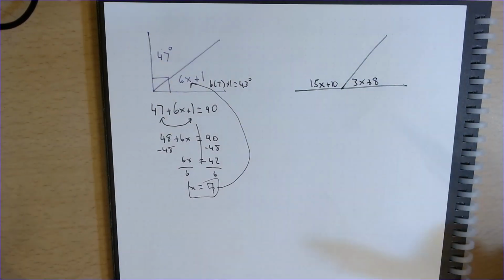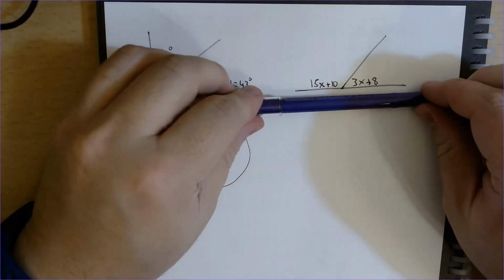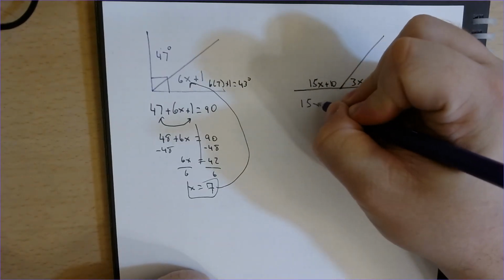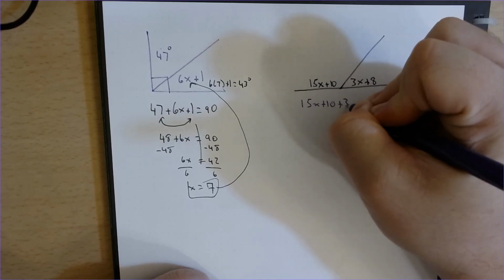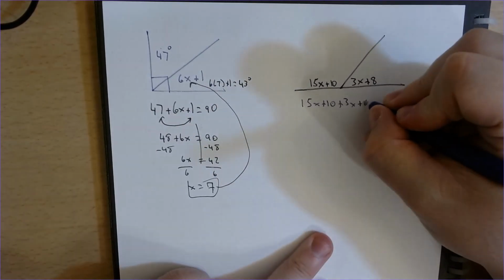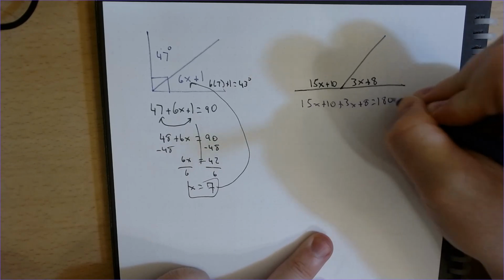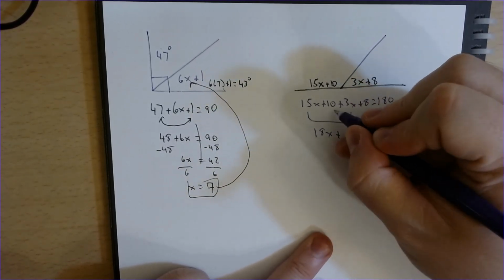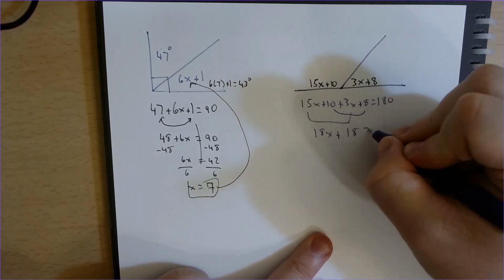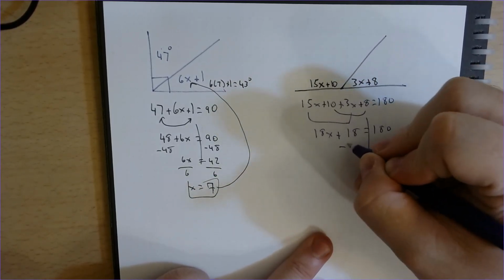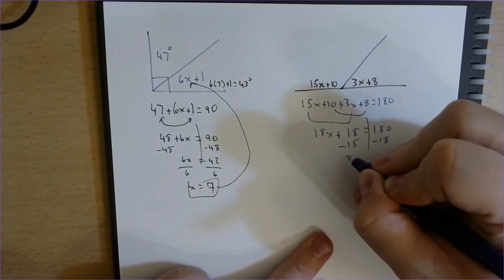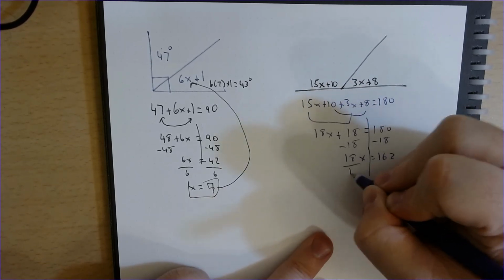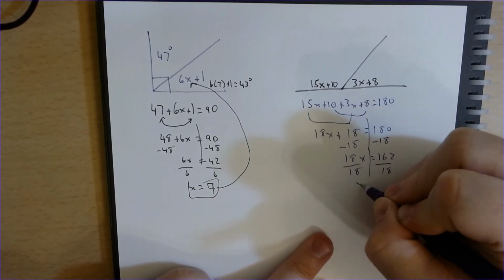So you have two different angles here, but we know this is a straight line, and a straight line is 180 degrees. So you're just going to do 15x plus 10 plus 3x plus 8 equals 180 degrees. Combine your like terms. 18x plus 18 equals 180, and solve. You got 18x equals 162. Divide by 18, you get x equals 9.